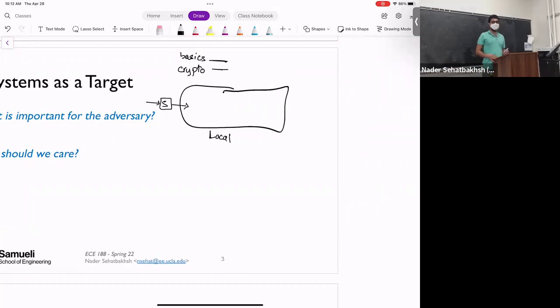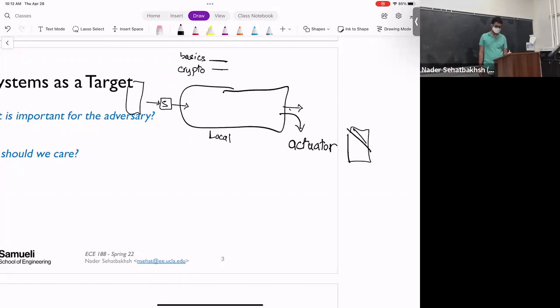This is basically where our computer is, and the majority of the attacks can happen at this point. And then we can have two different paths. We can either go directly to the actuator and actually do something. So our loop is closed between sensing something from the physical environment and then doing some actuation to the physical environment.